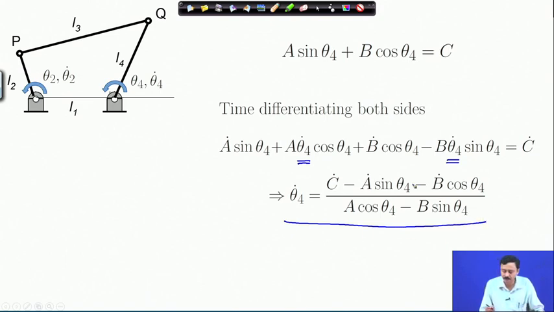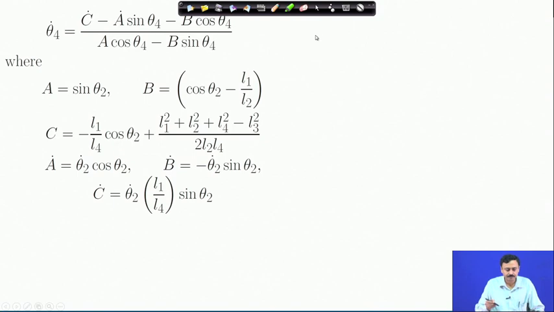So, I have extracted theta 4 dot out. This is a very easy step. Now, I need to look at what are the expressions of A, B and C and take their time derivatives. So, this I will do next.